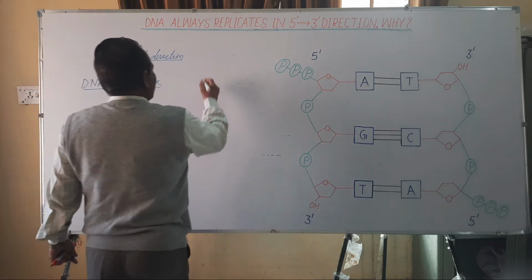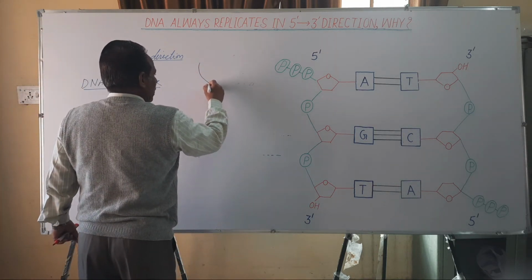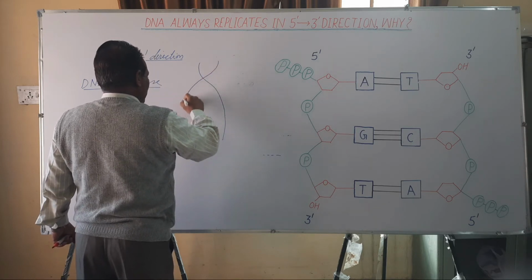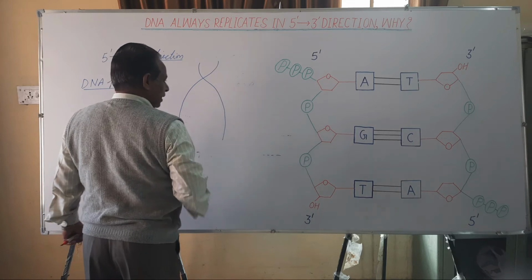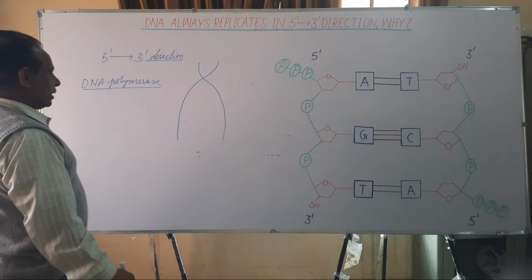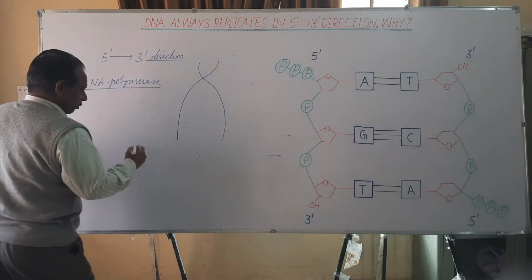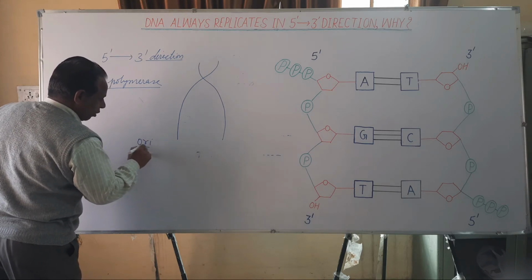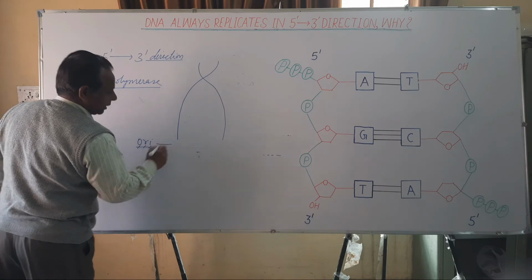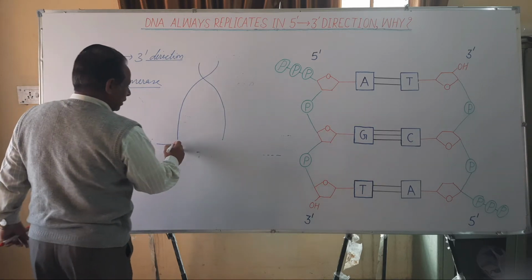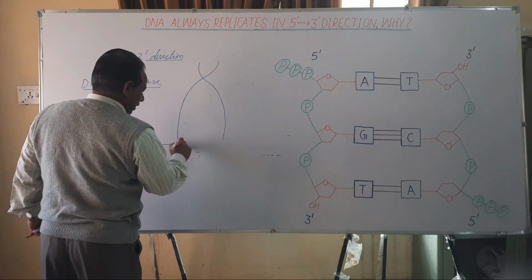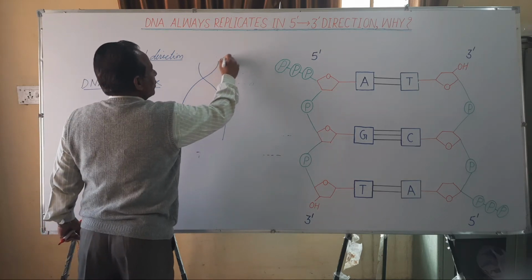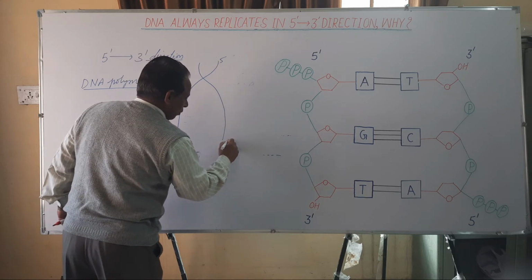In the process of replication, the two strands of the DNA separate from one another at the replication fork region, and the replication starts from the ORI site, origin of replication initiation site. From this site, one chain runs in 3' to 5' direction, another in 5' to 3' direction.